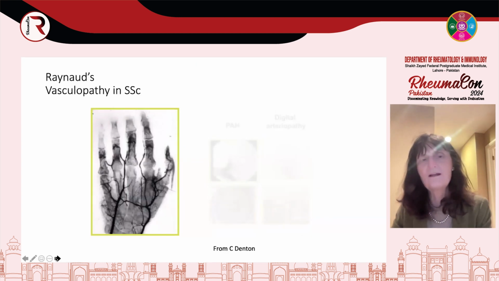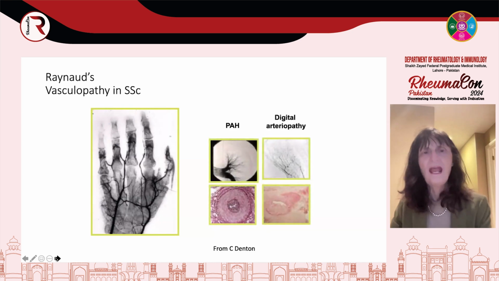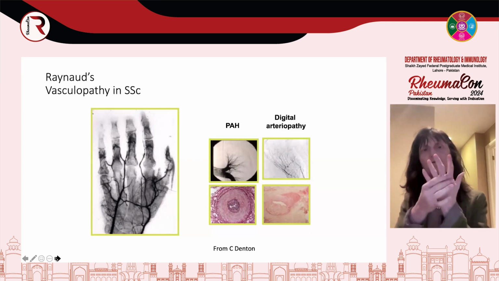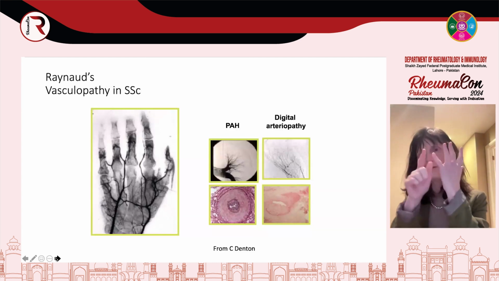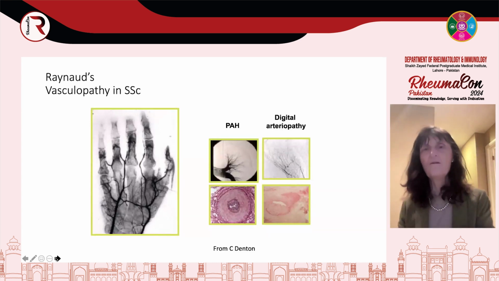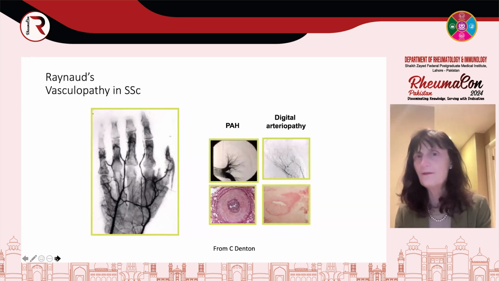I received this slide a long time ago from Chris Denton, and it's showing the vasculopathy in systemic sclerosis, where you can see proximally on the fingers the digital arteries on both sides of each finger are mostly gone. And this is a vasculopathy that's also similar to what's happening in the pulmonary arteries, where you're getting proliferation for pulmonary arterial hypertension in scleroderma patients.